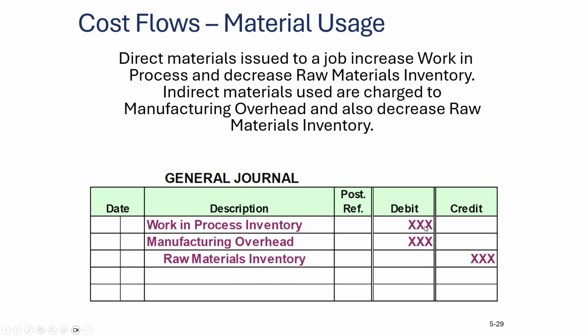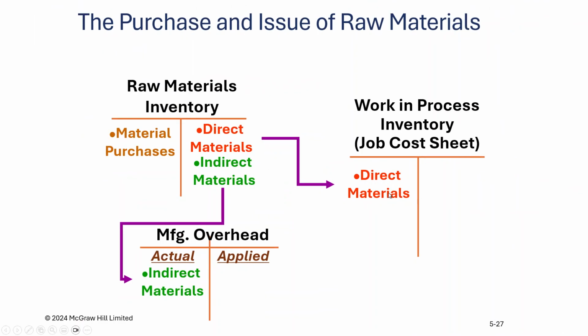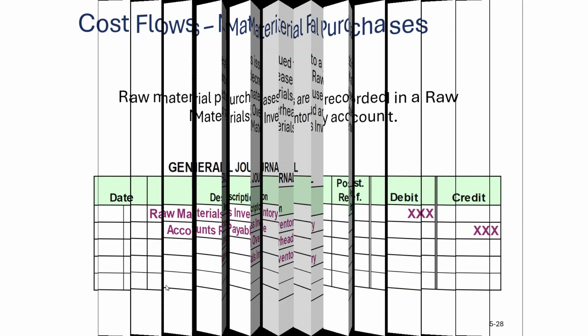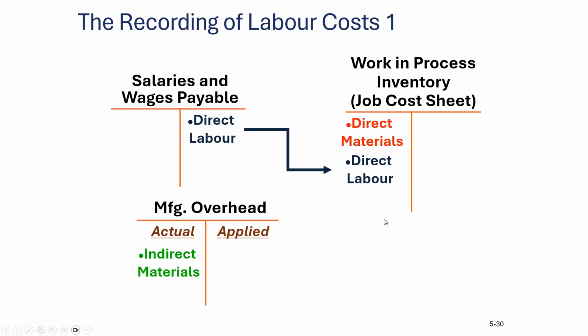That's my direct material. Going back here to my original sheet, this one is right here. That's my direct material, and the second account is my indirect, so technically I'm debiting manufacturing overhead. That's my indirect material. So I take it out from raw material and put it into these accounts.